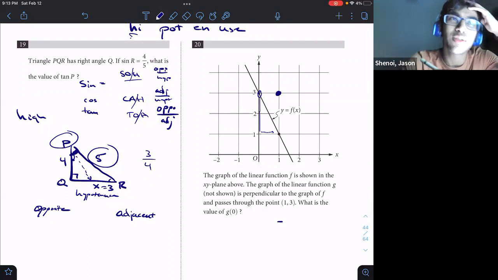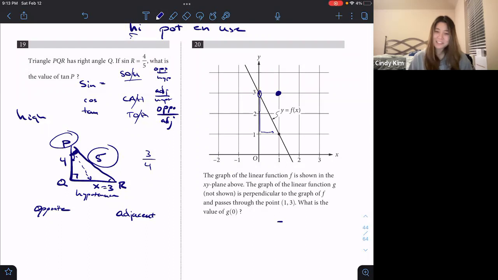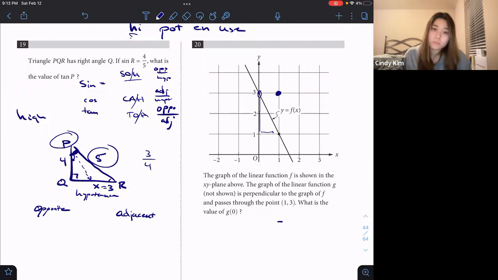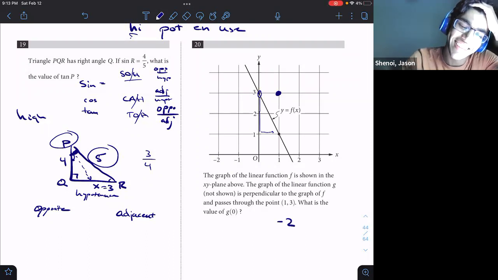So what is the slope? It's -2/1. So it's going to be -3. No, it's going to be -2. There you go. -2. That's the slope. So what's the negative reciprocal?